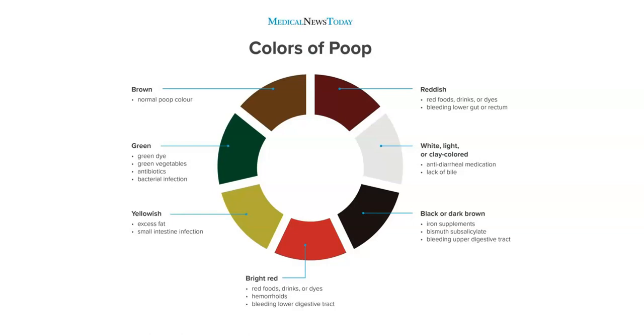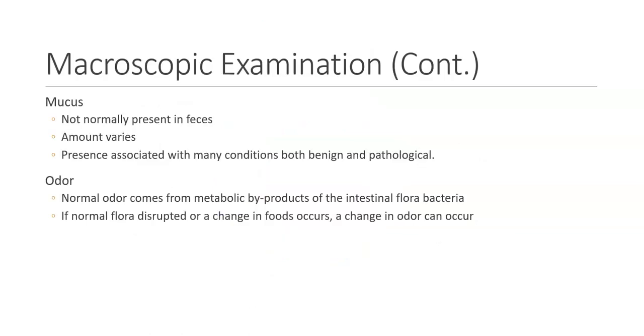Continuing on with the macroscopic examination, mucus is not normally present in the feces, and the amount that is present varies. This presence may be associated with many conditions, both benign, which are not life-threatening, they're just kind of normal, or pathological that will require some type of intervention. Odor. Normal odor comes from metabolic byproducts of the intestinal flora bacteria.